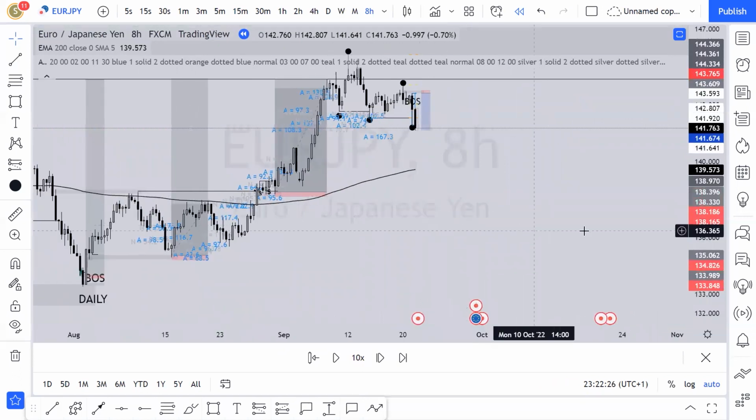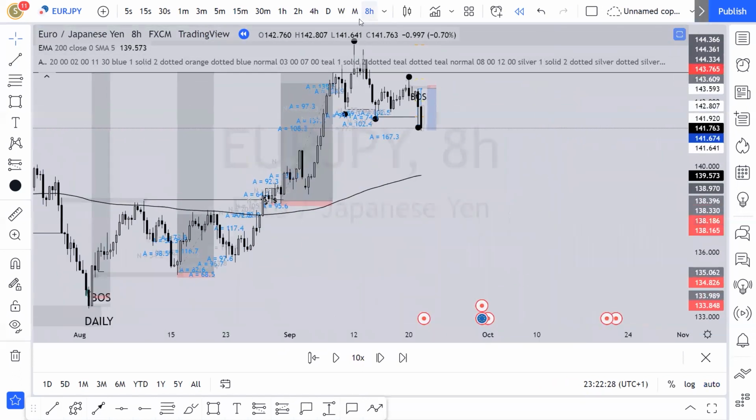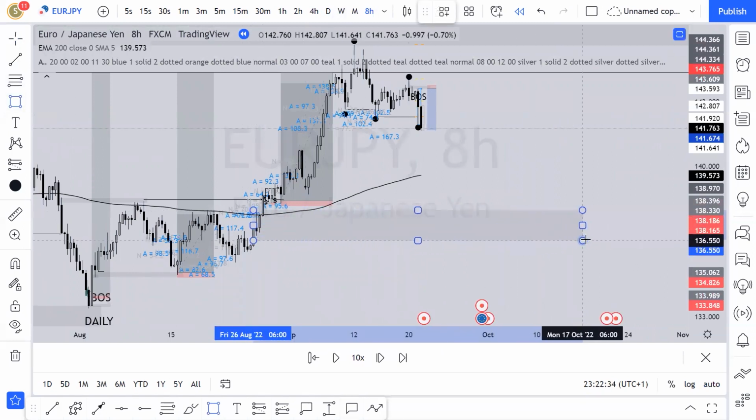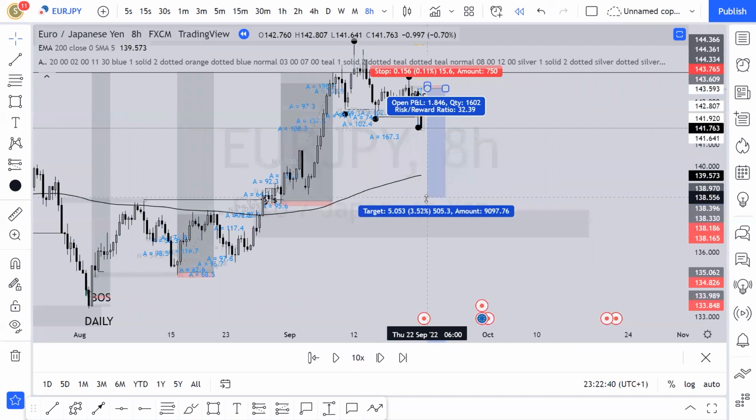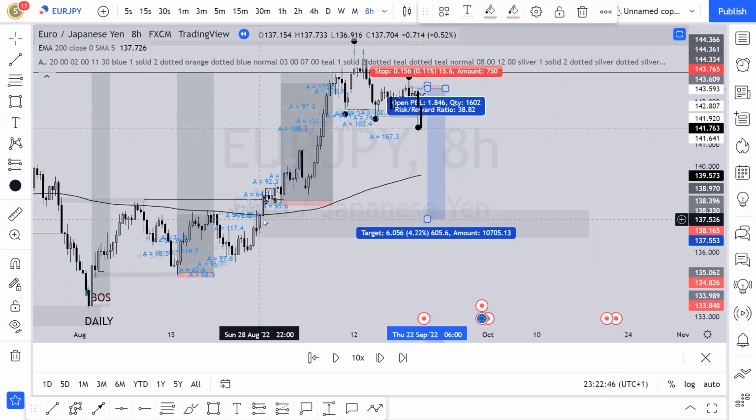All right, so on the 8-hour, I spotted this demand right here, because I just knew that price has taken external liquidity and we need to retrace very well. So this was going to be where I wanted to swing to.